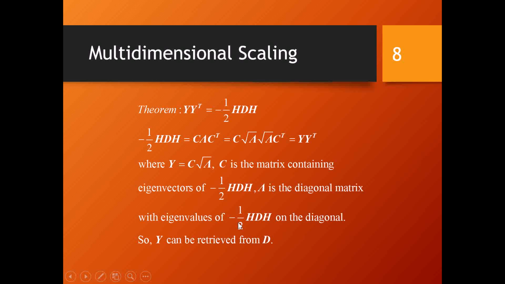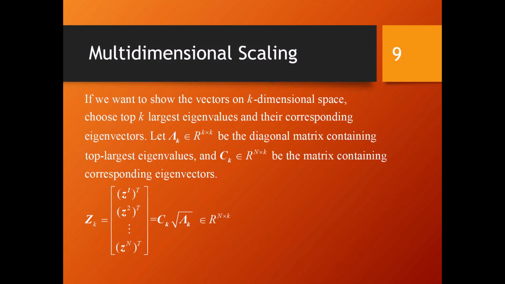And then if we want to reduce the data to k-dimensional data, actually Zk is Ck times square root of lambda k.